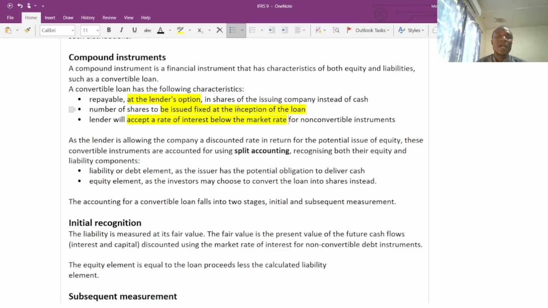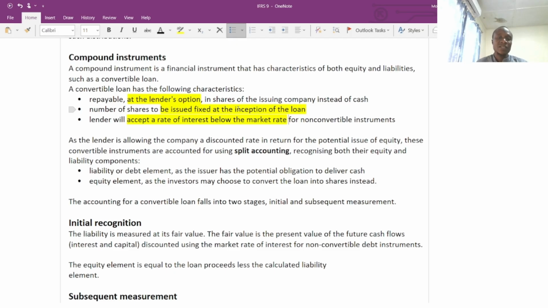So now, as the lender is allowing the company a discounted rate in return for the potential issue of equity, these convertible instruments are accounted for using split accounting. We are going to split between debt and equity. Why?